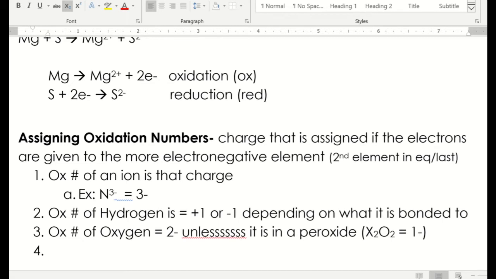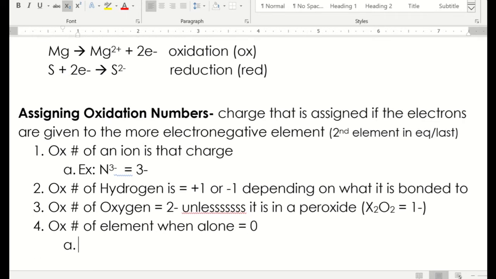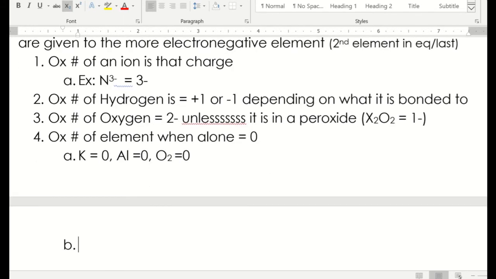Rule number 4 is that the oxidation number of an element when it is alone by itself is going to be equal to 0. So for example, if we have just potassium, that's 0. Aluminum, that's 0. But even if you have something like O2, that is still an element bonded to itself, so it's really alone in this case. So that would be 0 as well.